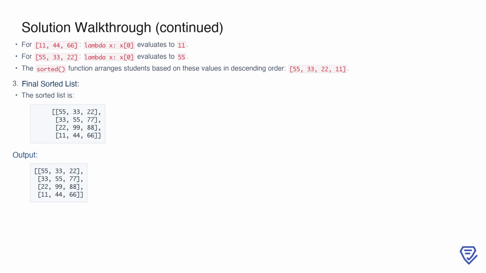The result is the order 55, 33, 22, 11. Using this order, the final sorted list is 55, 33, 22, 33, 55, 77, 22, 99, 88, 11, 44, 66. This output reflects the students sorted by their first subject scores from highest to lowest.